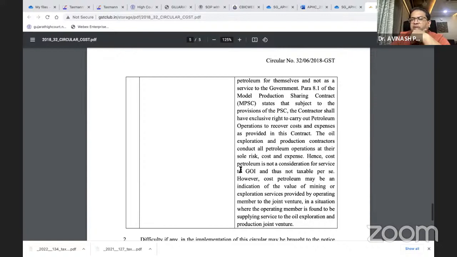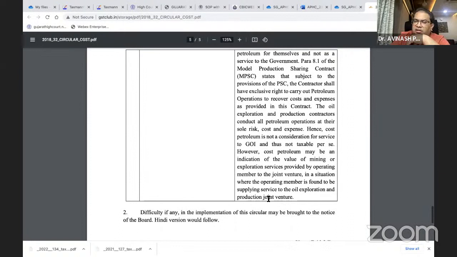Hence, cost petroleum is not a consideration for service to the Government of India and therefore not taxable per se. However, cost petroleum may be an indication of the value of mining or exploration services provided by the operating member to the joint venture, in a situation where the operating member is found to be supplying service to the oil exploration and production joint venture.